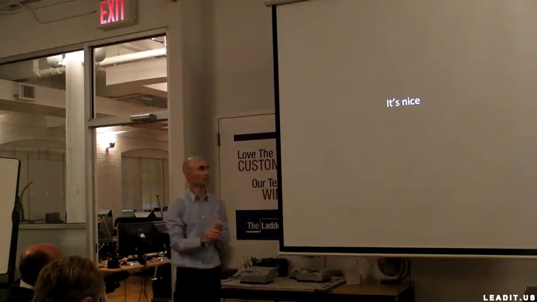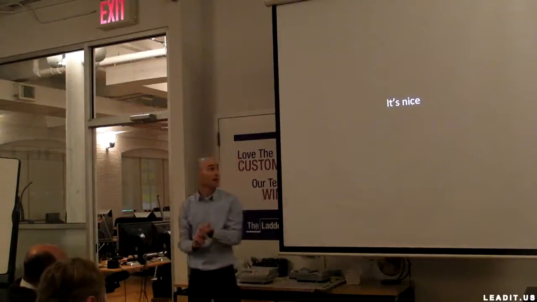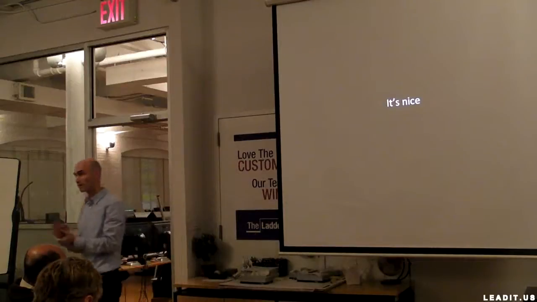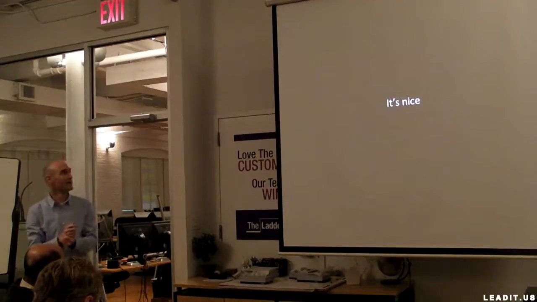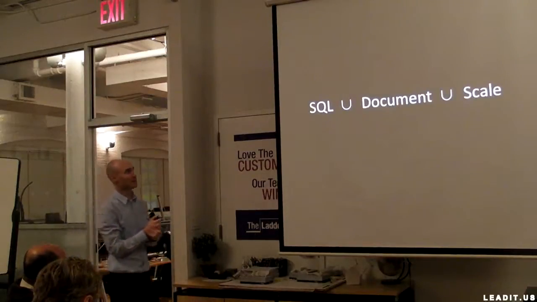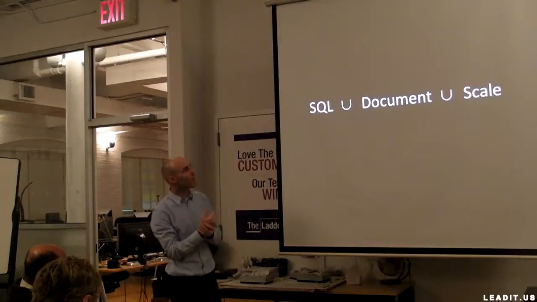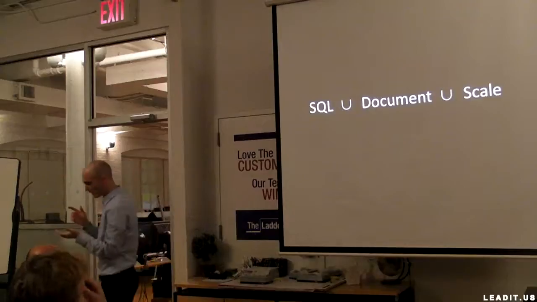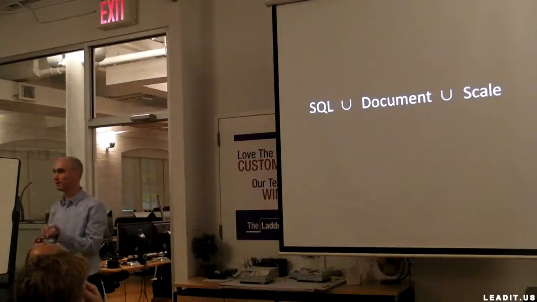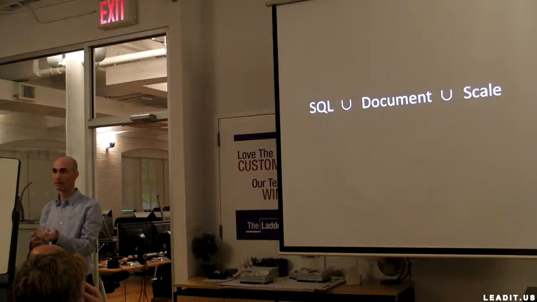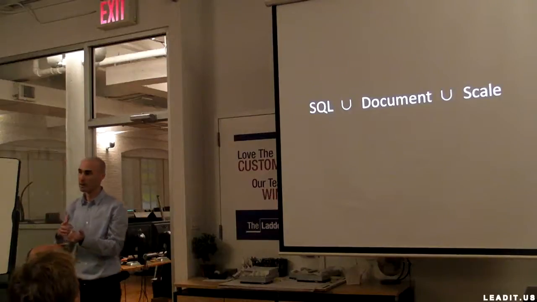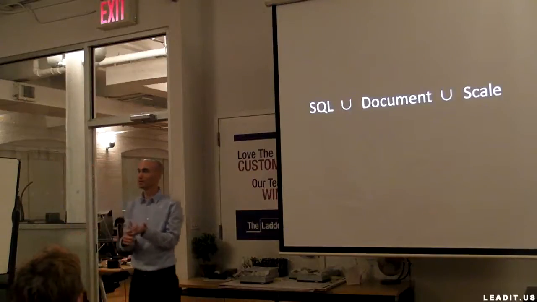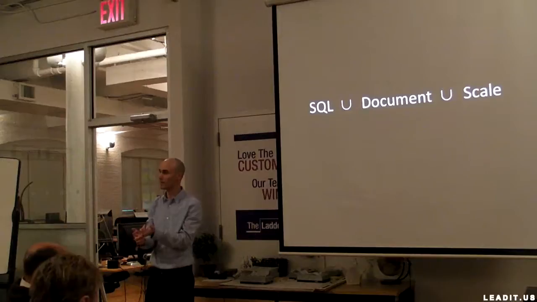So it's a different way of looking at it, and I claim it's nice, not just because I've been working on it for a while, but I think it's nice because it unites three things that I really wanted to achieve, which were get SQL to work really, really well. Get SQL to be powerful and for queries to work really fast. But I also wanted document-like access to my data.